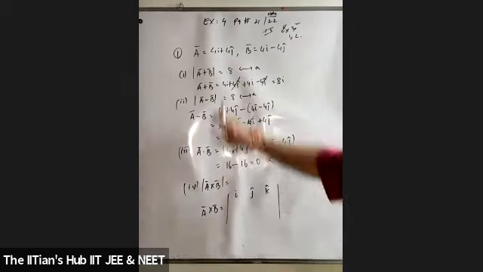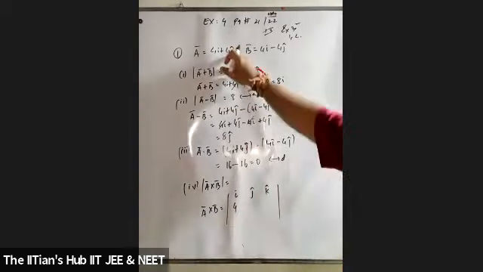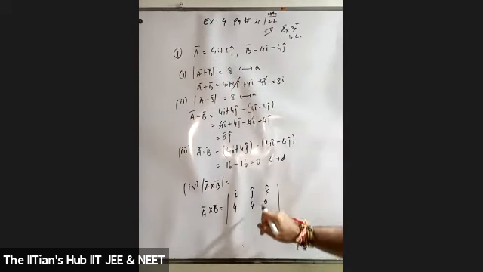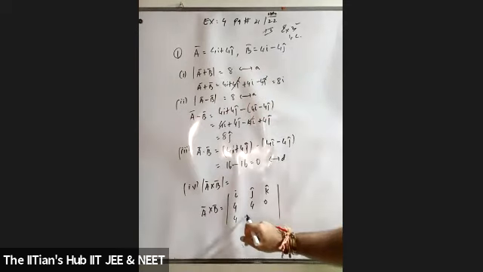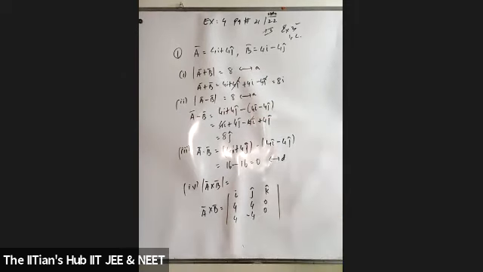So what will you write under i? 4, 4. Under j, plus 4. K is not existing, so 0. So B it will be 4, minus 4 and this is 0. Then now what's the cross product?